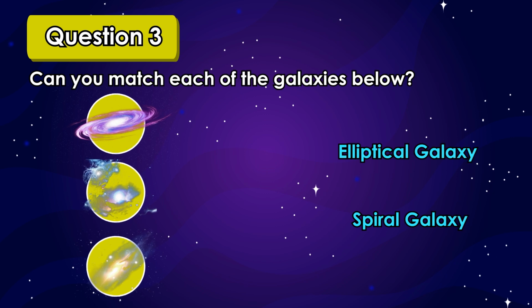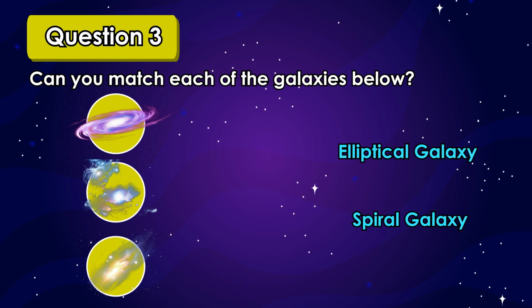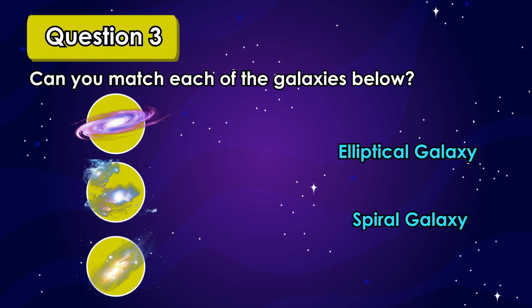Now, let's see question number 3. Can you match each of the galaxies below? Now, let us discuss. The first picture at the top is a great job, pupils. It is a spiral galaxy.